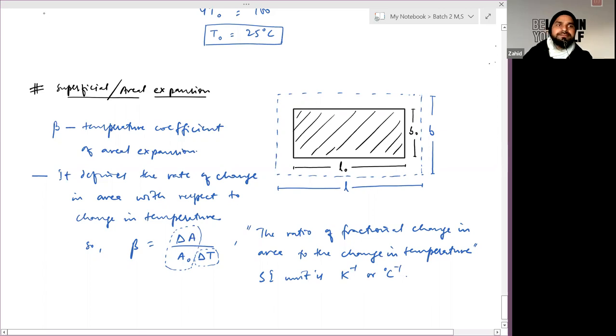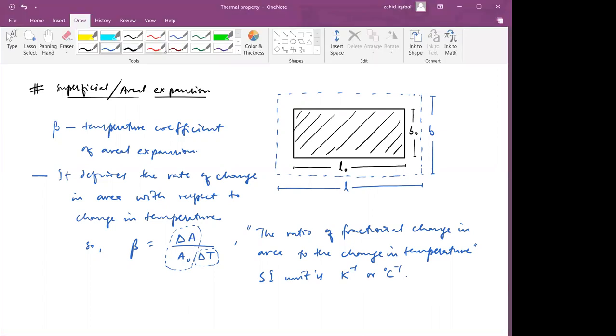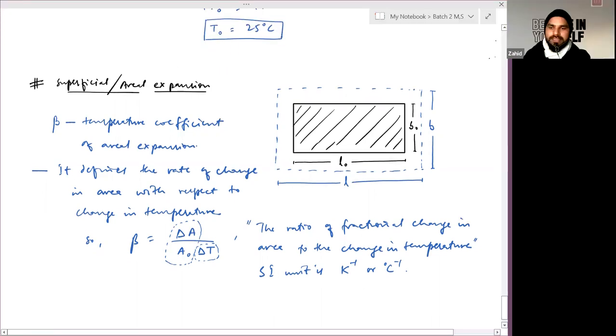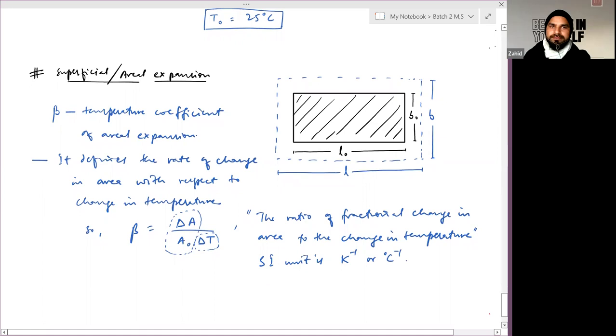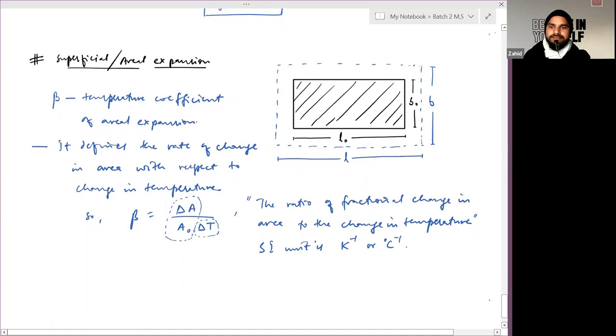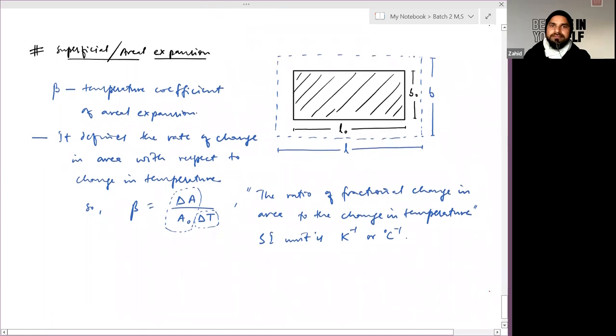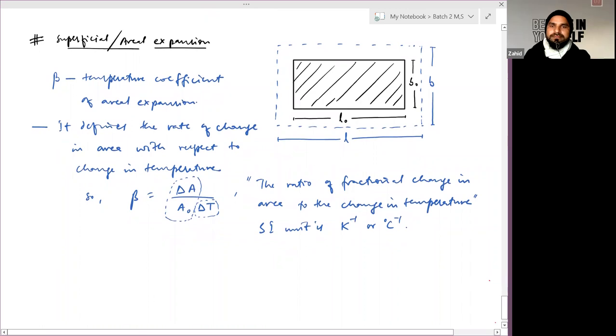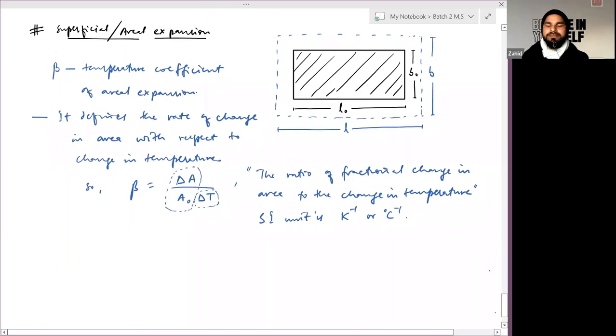Is it clear? Yes, sir. Asma, any doubt? Okay, just write it down to this part. Done, sir.